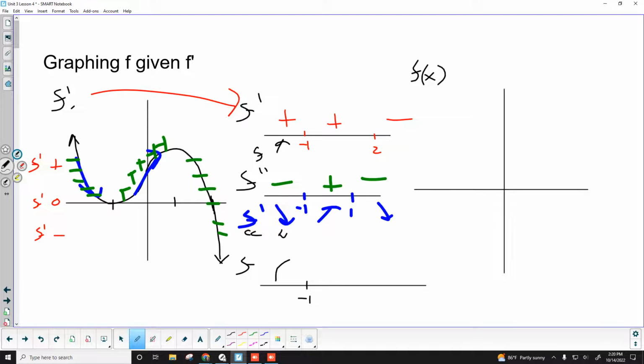But then I need to go up and be concave up until 1. Then I'm going to go up, be concave down from 1 to 2. You guys need to practice this. Down, concave down. And then you'll be able to pick out the correct graph.